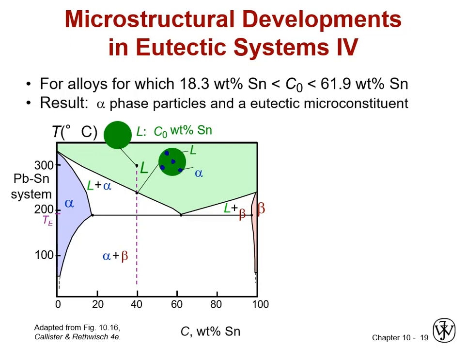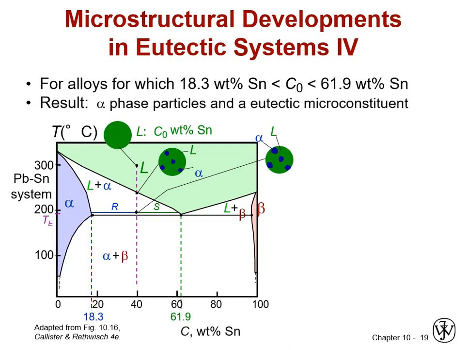So we start in the liquid. When we hit the liquidus, the boundary between the liquid and the liquid plus alpha two-phase region, we'll start to solidify, and the first phase that will form as a solid is alpha. We will continue to form more of that as we cool down through the liquid plus alpha region, shown schematically on our little microstructure circle over to the right, where those blue alpha particles in the green liquid are slightly bigger.